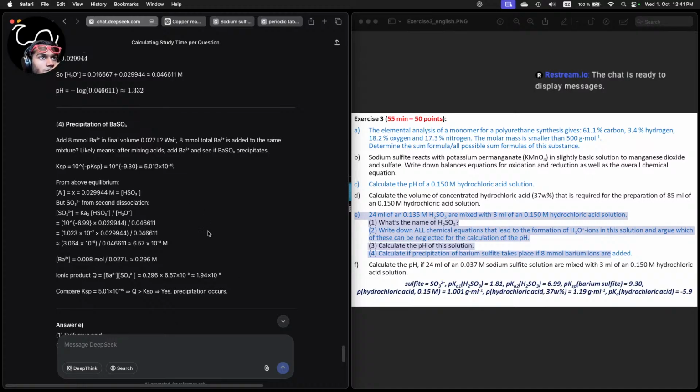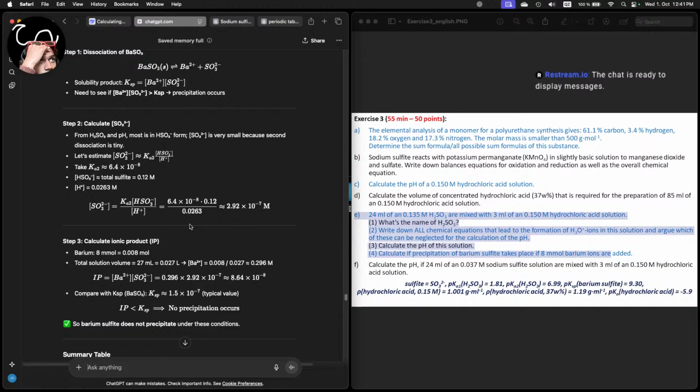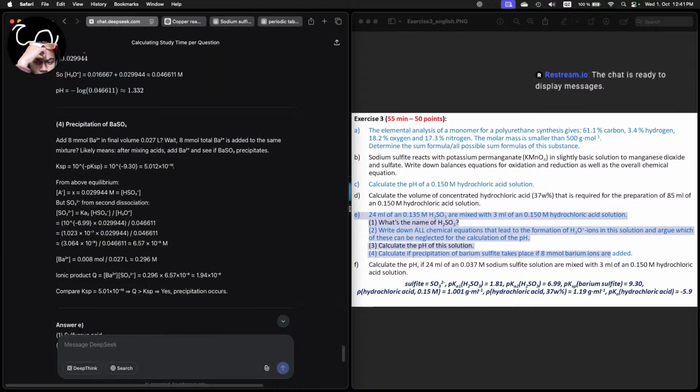So I guess I have to do this myself. 6.57 raised to minus 8. Oh, that's... uh-oh.